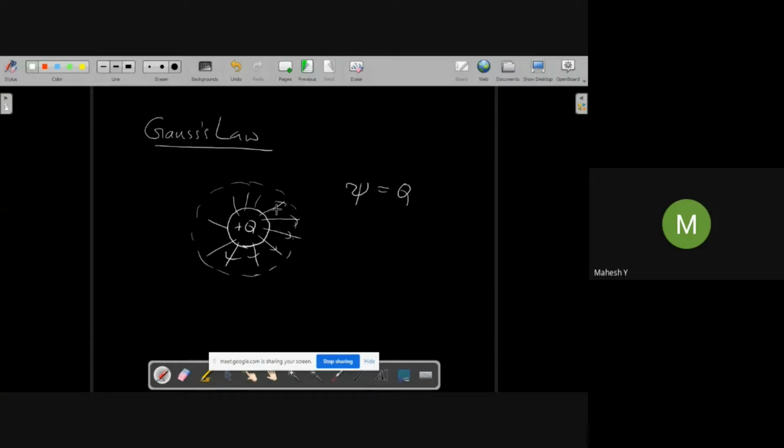Since we have discussed that D is equal to q by 4 pi r square ar cap, or the magnitude of D is q by 4 pi r square, q is equal to D into area. So D multiplied with the area, since they are in the same direction.